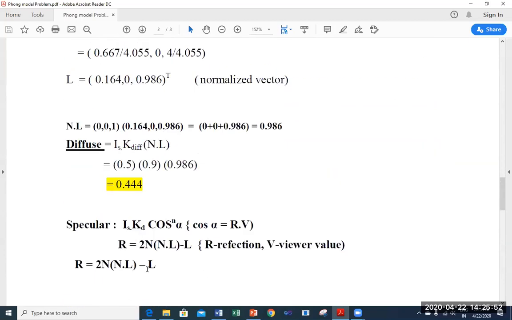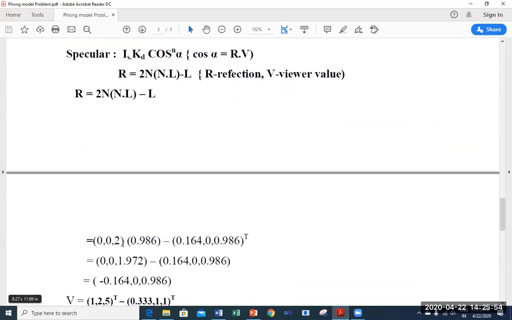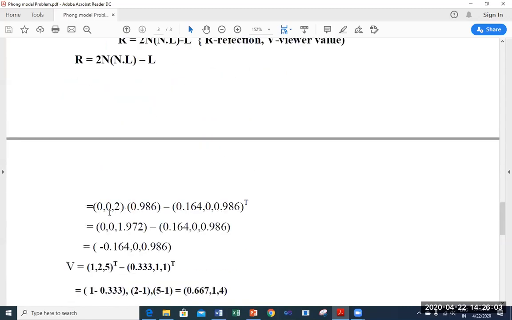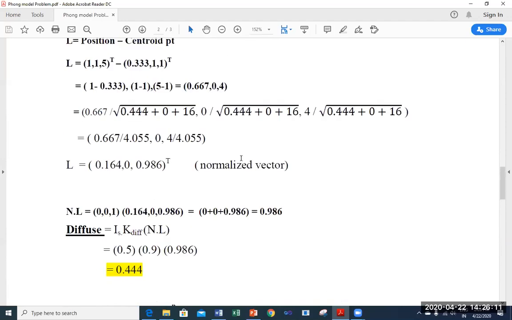So 2N is going to be 0, 0, 2, times N·L. N·L we have calculated as 0.986. So 0, 0, 2 times the N·L value 0.986, minus your light value, which we calculated already, 0.164, 0, 0.986.